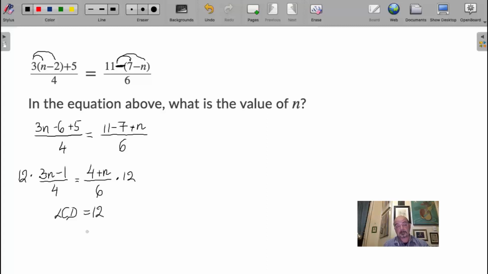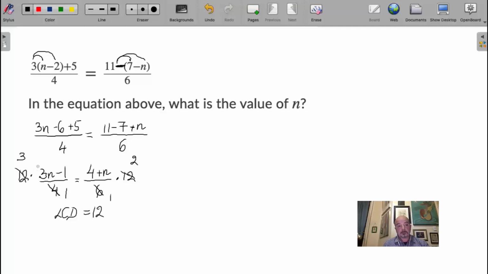You could certainly do that, it's not wrong, but you end up working with larger numbers and you unnecessarily complicate things. Instead, reduce, right? So here, reduce the 4 and the 12. 12 becomes a 3. Reduce the 6 and the 12, and here the 12 becomes a 2.